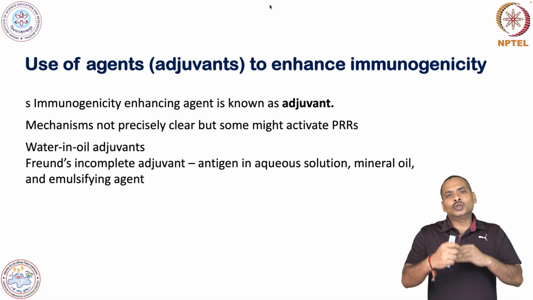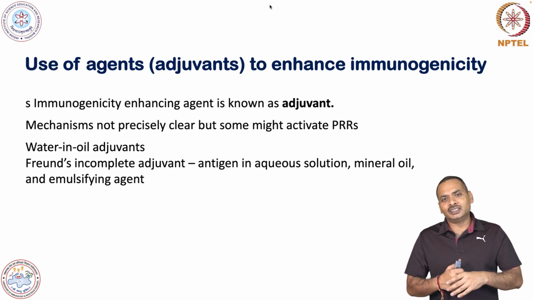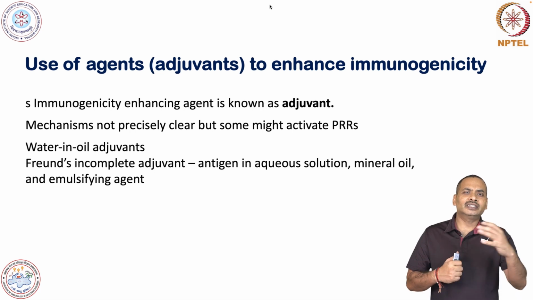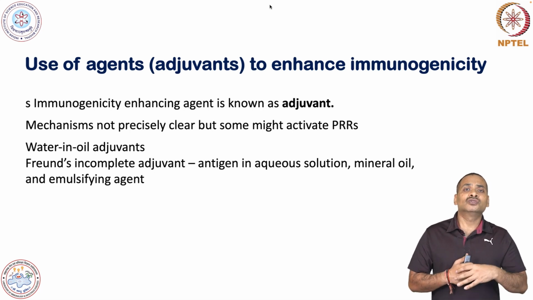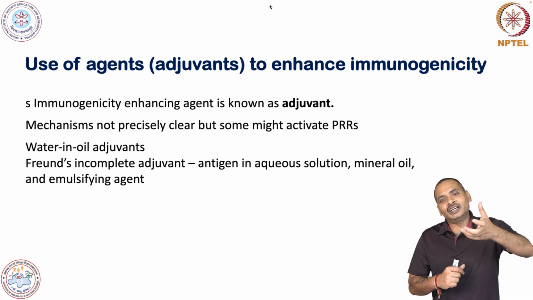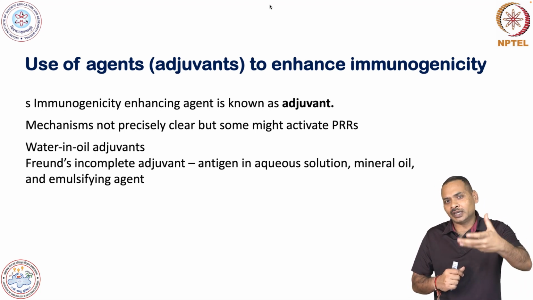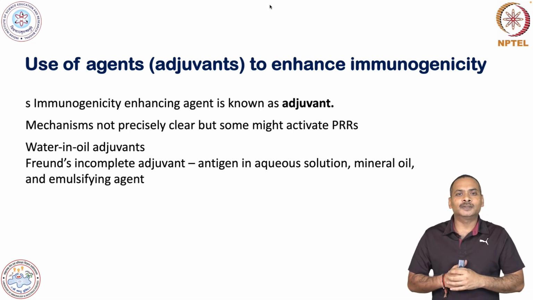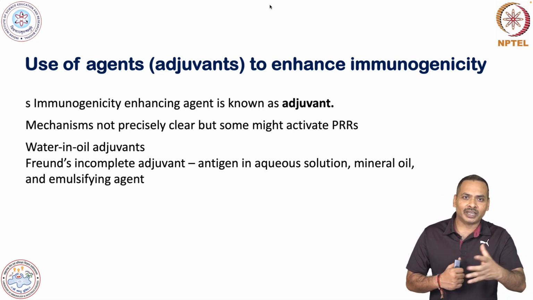So when you mix this into the incomplete Freund's adjuvant, then we call it complete Freund's adjuvant. Here you can see that this oil and aqueous phase make an emulsion, and this will be easily phagocytosed by the phagocytic cells or macrophages.